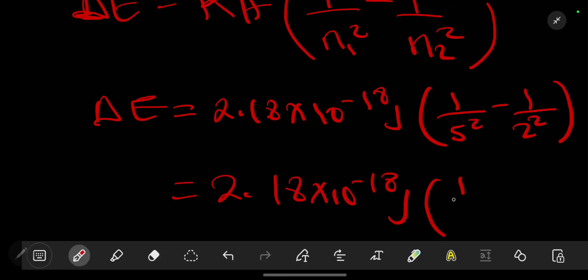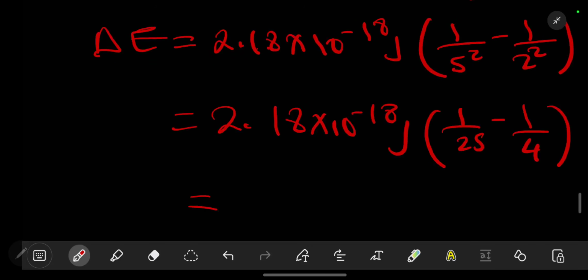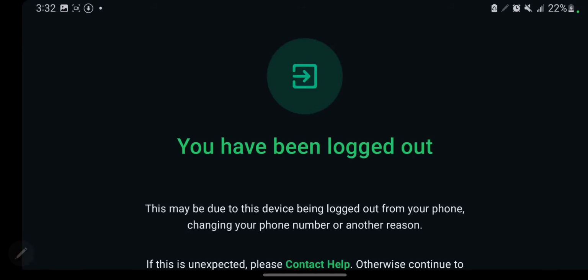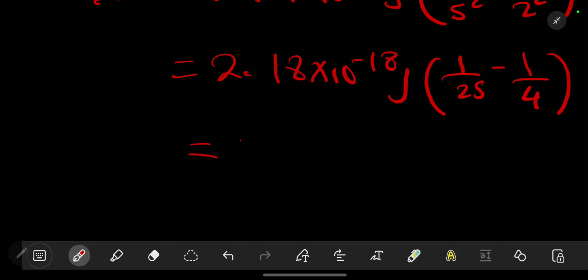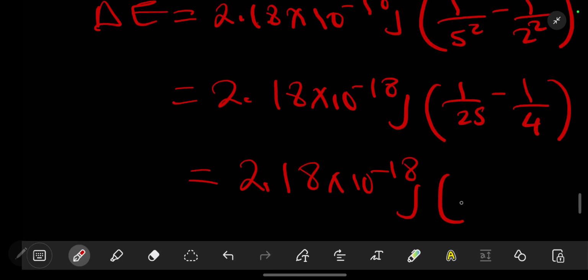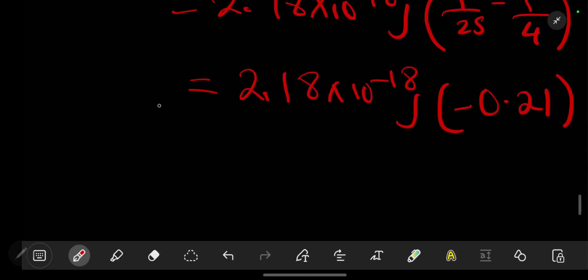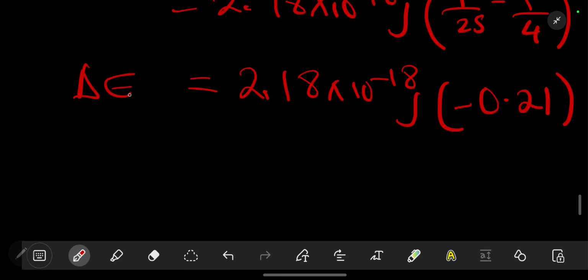Then we have 1 over 25 minus 1 over 4. When we subtract, we have 2.18 times 10 to the power negative 18 joules, then negative 0.21. This is the change in energy.